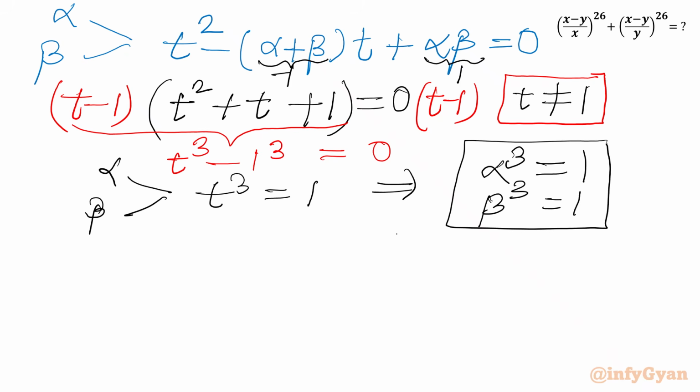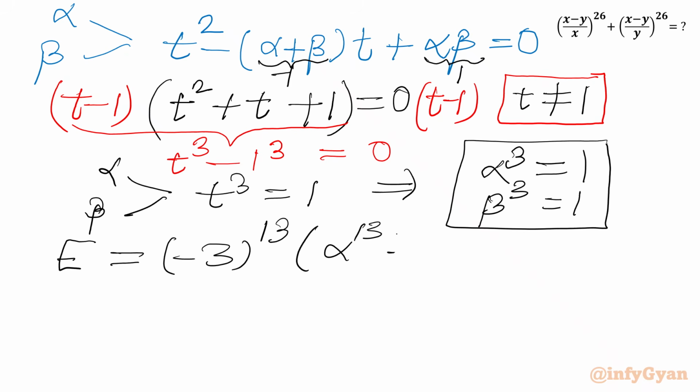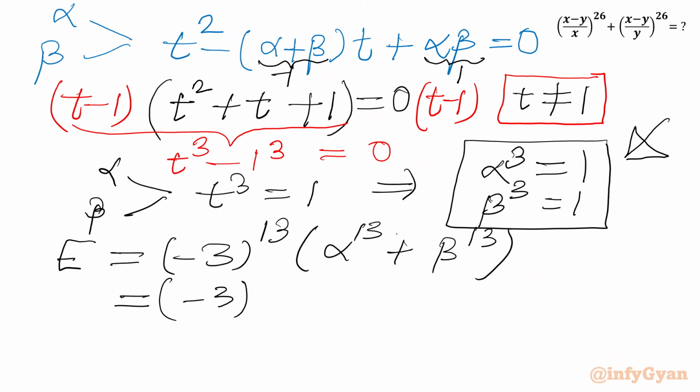And our target expression is E equal to minus 3 raised to the power 13 in bracket alpha power 13 plus beta power 13. Known equations are alpha cube and beta cube equal to 1. Now we are going to use exponent laws. We will write minus 3 raised to the power 13 here.